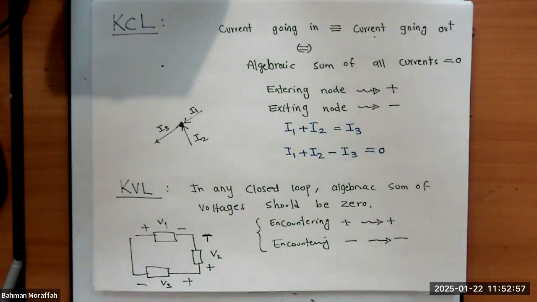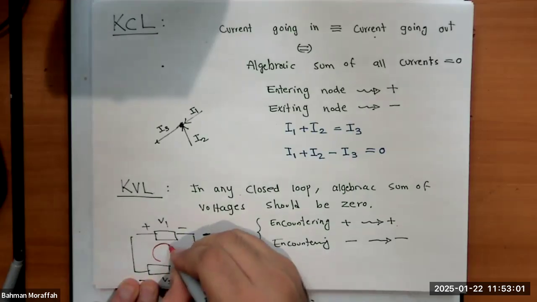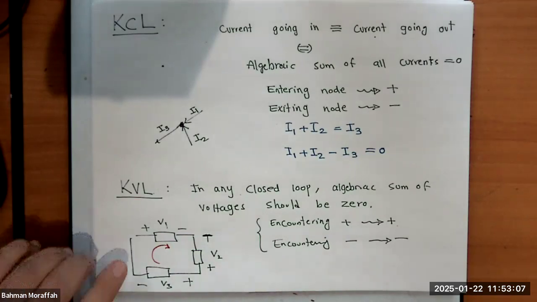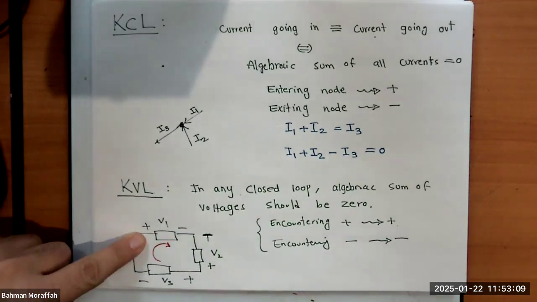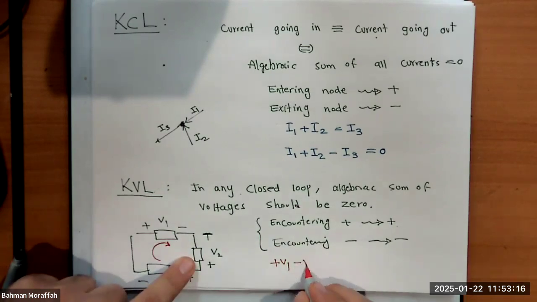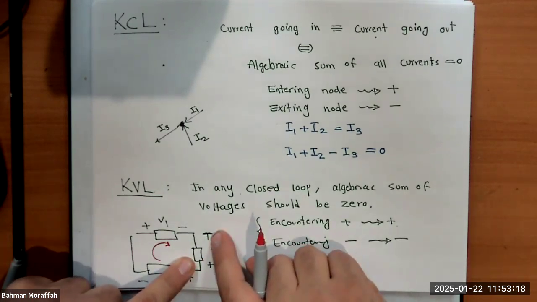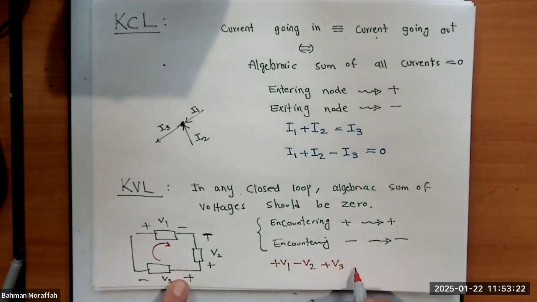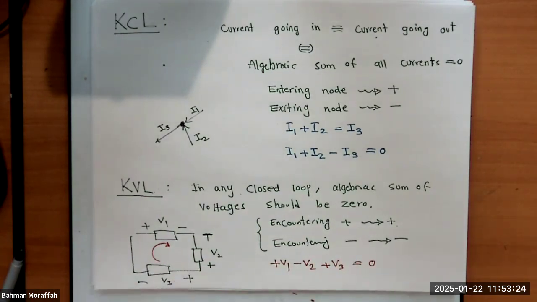Right? So what this law tells me is that if I loop around and I add up all the voltages, that should be 0. So I'm going to start from here, and I go clockwise. Right? So I have plus V1 minus V2, because I hit the negative sign over here. And then over here, I hit the positive sign, so it's plus V3. And according to this law, that should be 0.